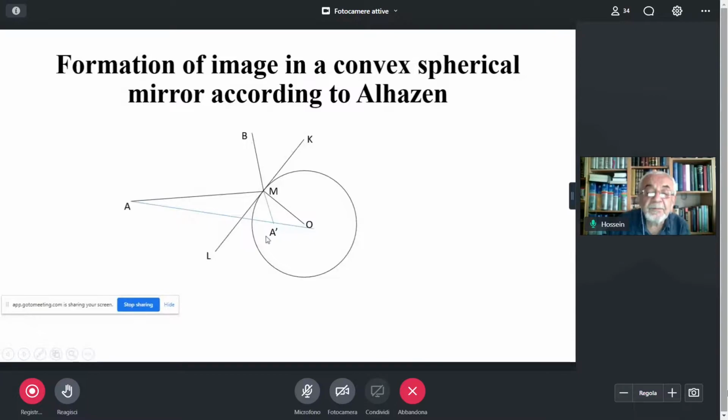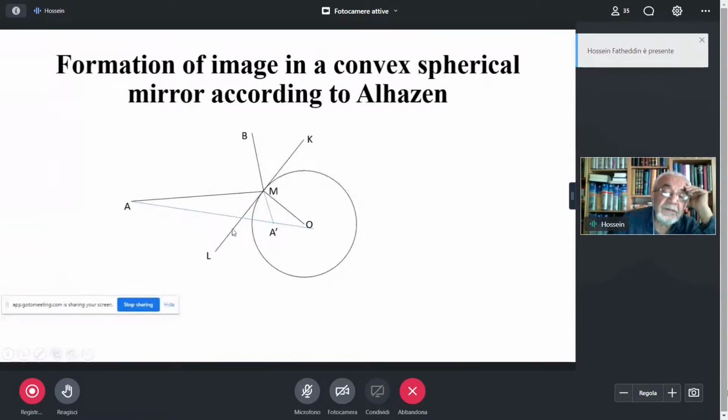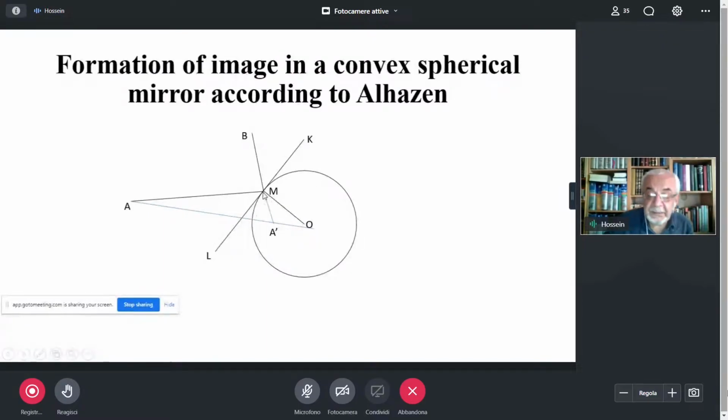So the image of point A is point A prime. The important thing in Ibn al-Haytham's demonstration is the equality of these angles and the fact that the incident ray AM, the reflected ray BM, and the tangent at the surface of the mirror lie on the same plane.